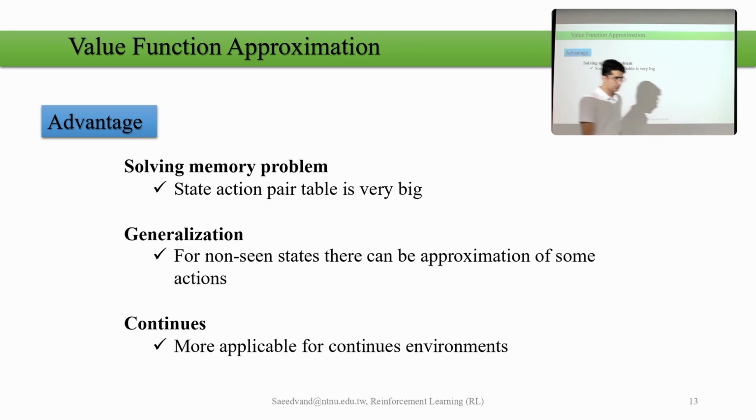Now let's talk about the advantage. So far you know that we are solving the memory problem because the state-action space is very big. This is the critical first problem. Second, as I mentioned briefly, we will have generalization. It means that even if our agent doesn't see all of the possible states and actions, the neural network can give us answers that are close.